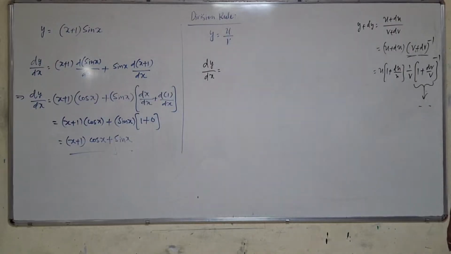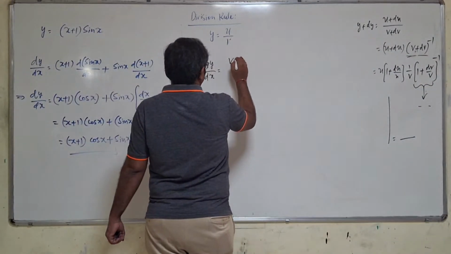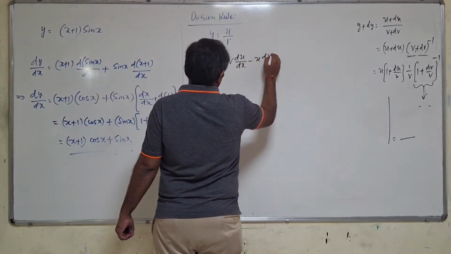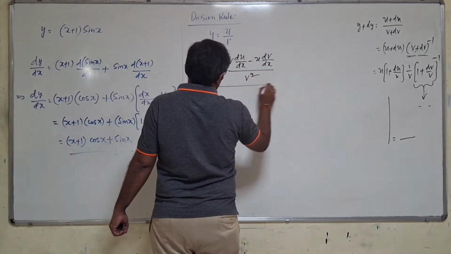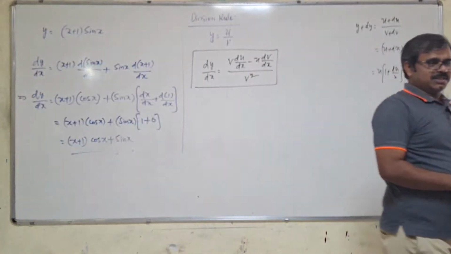You try it yourself and come back tomorrow with the solution. I'll write down the rule here. This is v du by dx minus u dv by dx by v square. This is dy by dx equal to, in the division rule.